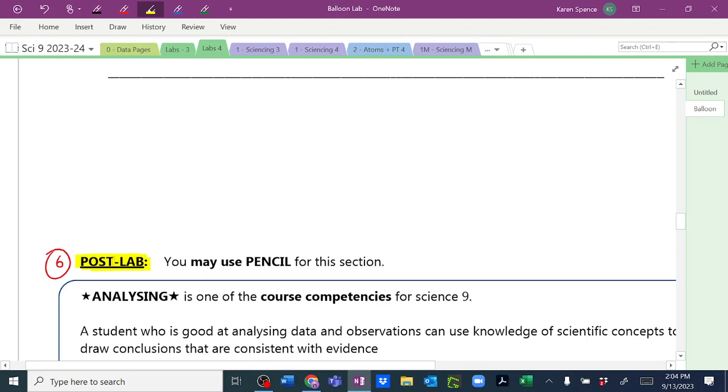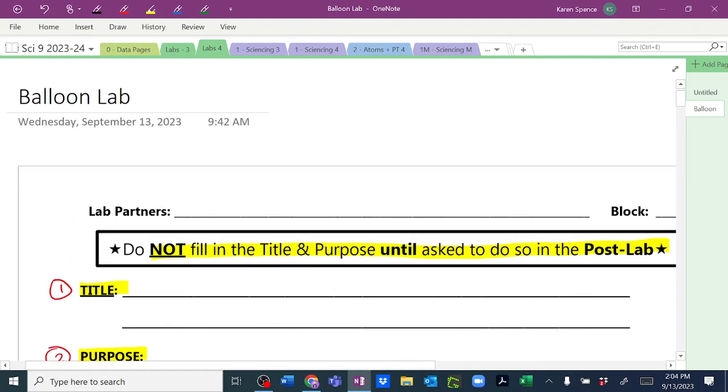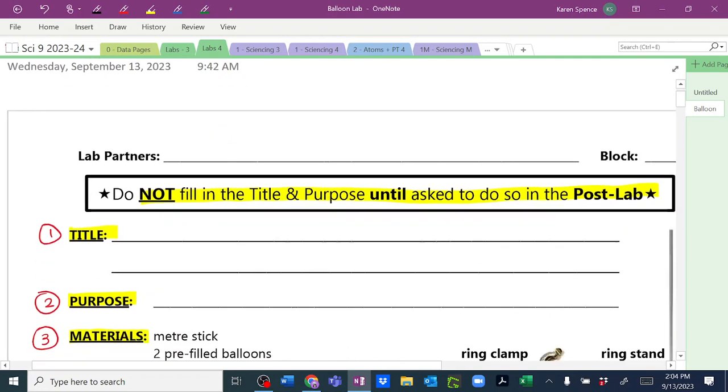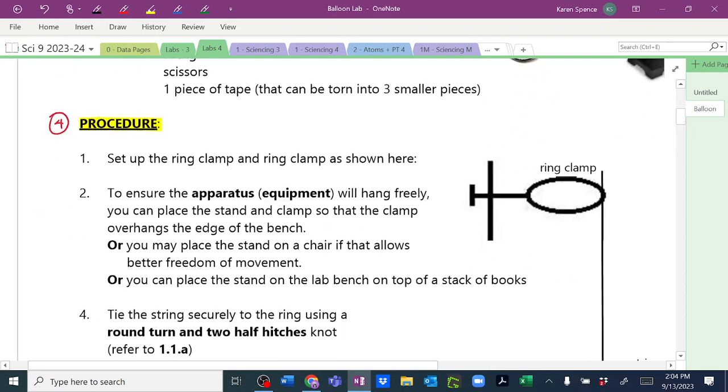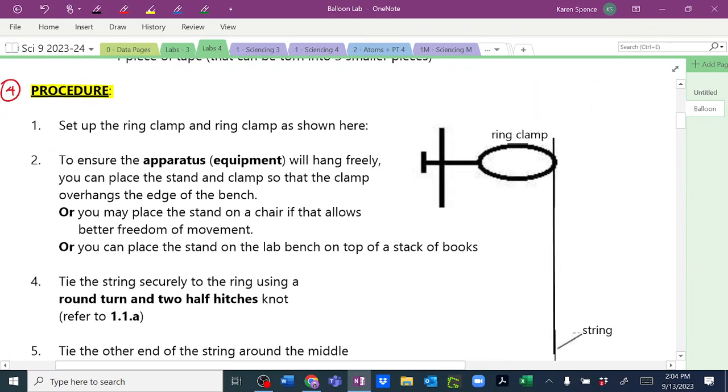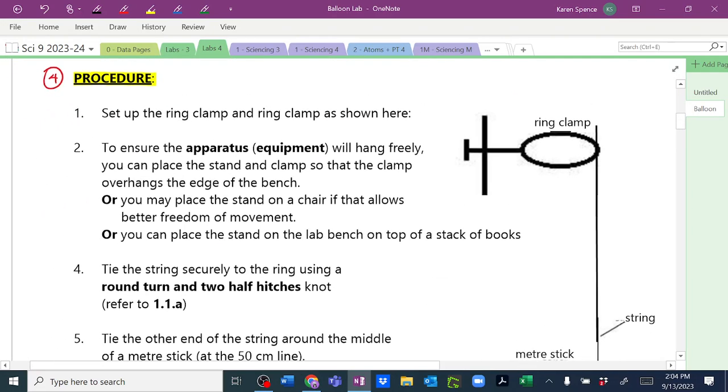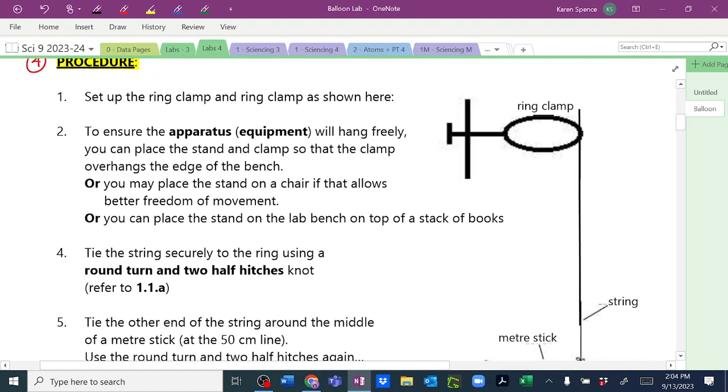Okay. Let's go back to the very first page again. I just wanted to make a little note here. Oh my gosh, what did I forget? Take a look at that procedure. I'm going to go grab something.